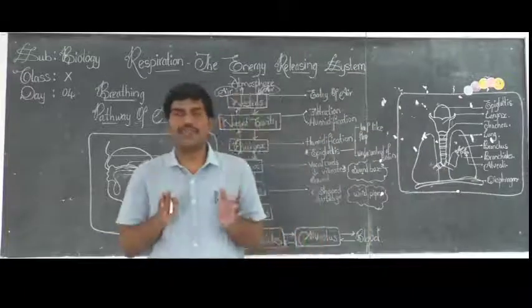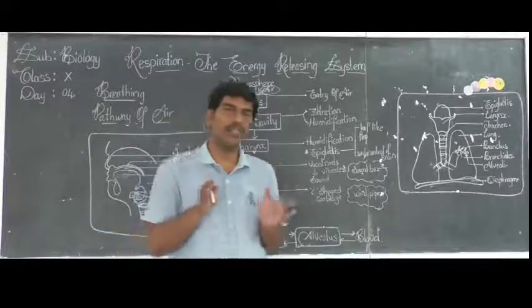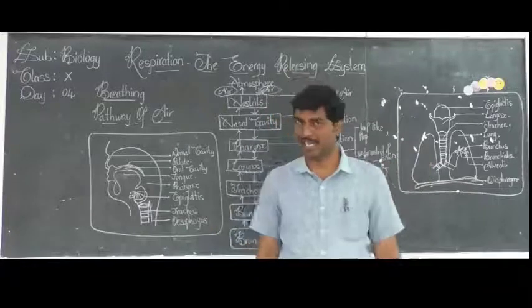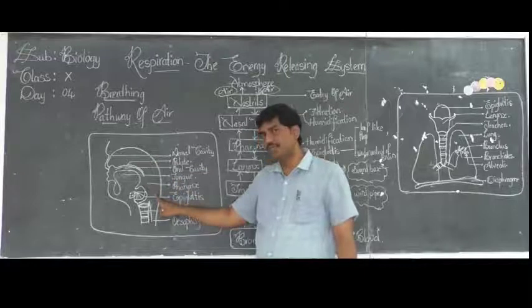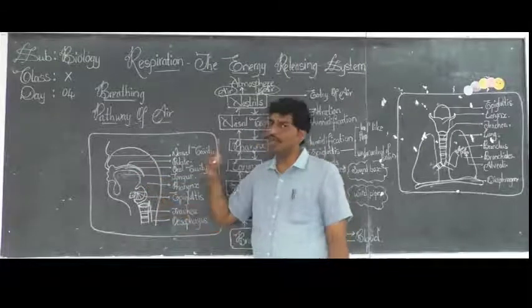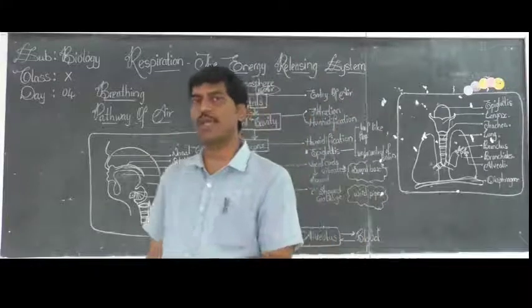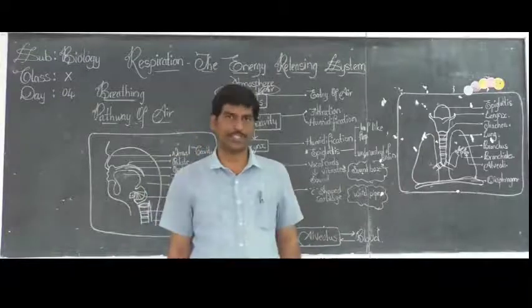How does this pharynx divert the air into the lungs and the food material into the stomach? The pharynx is a common pathway for both air as well as food.